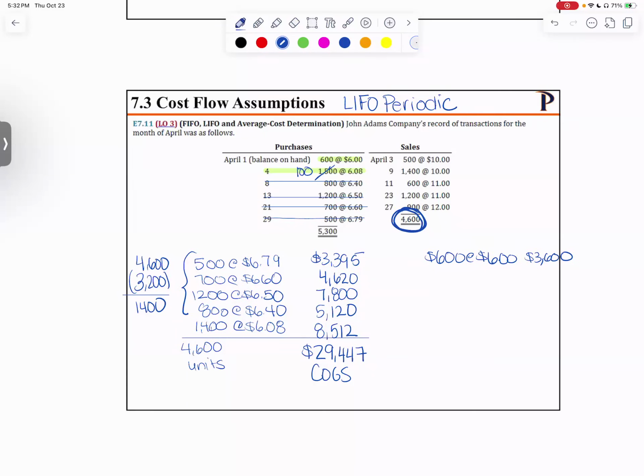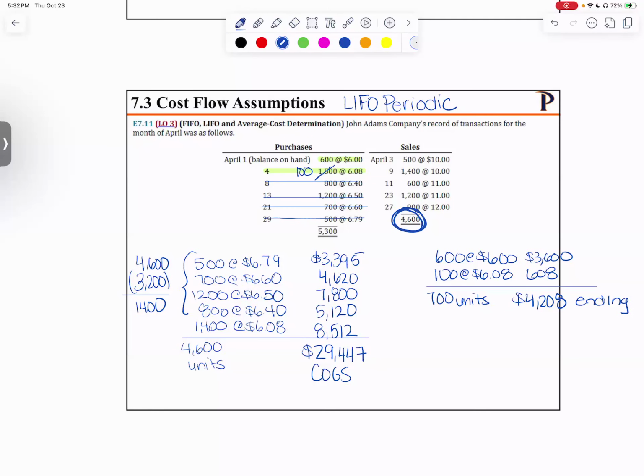And then we have 100 units at $6.08 for a total cost of $608. And our total value of our ending inventory is going to be 4,208, and we have 700 units remaining in our ending inventory.